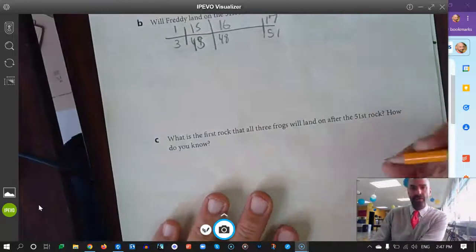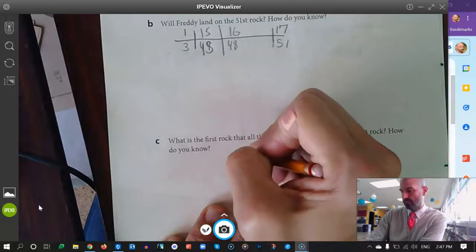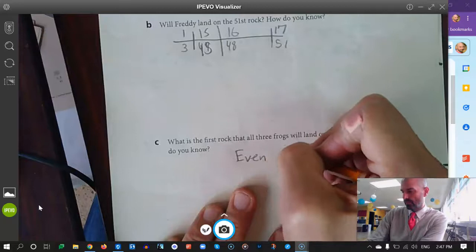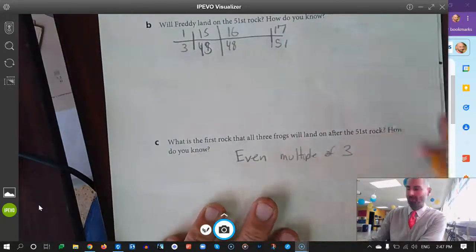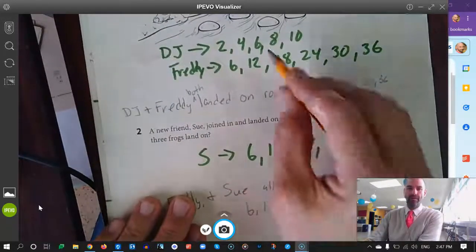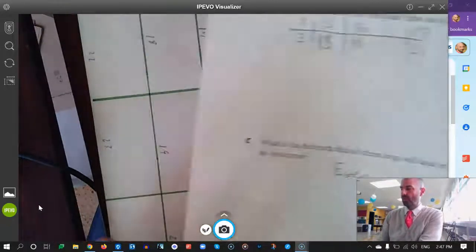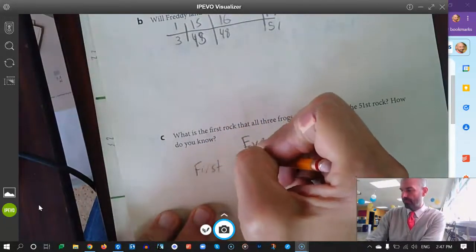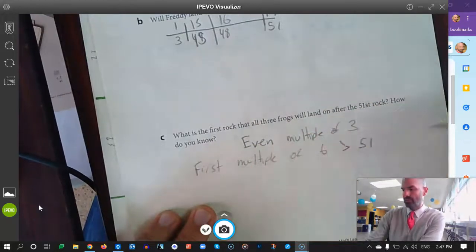All right, so this is my thought process. Number 1, the rock has to be even. And number 2, it has to be a multiple of 3. And that means if we look back here, Sue is just jumping on rocks they both land on. And I think it would just keep going like that. So really, we're just looking for the first multiple of 6 that's greater than 51.